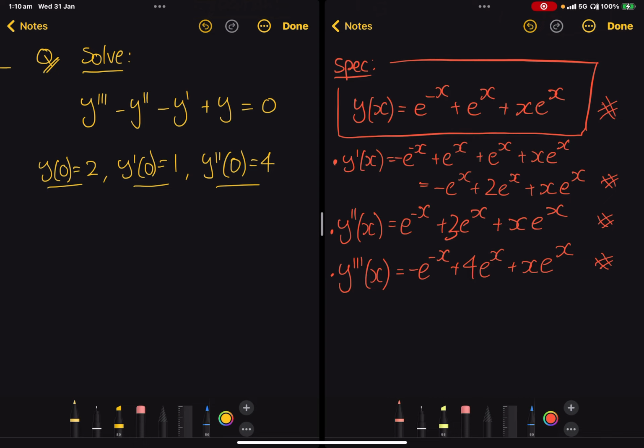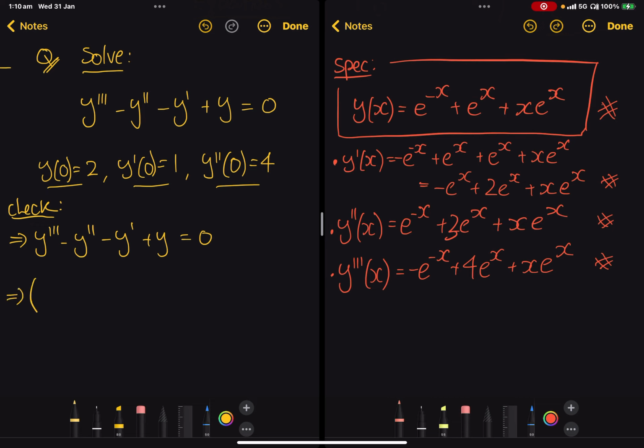Now we've got to plug them all into the initial equation and show that this is equal to 0 when the function and its derivatives are equal to these. This is our check, right? We're checking that this answer is correct. We're going to get y triple prime minus y double prime minus y prime plus y is equal to 0.